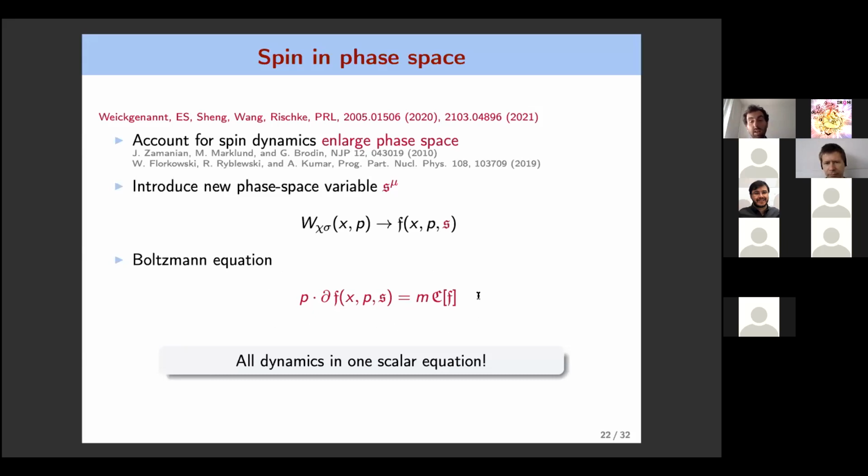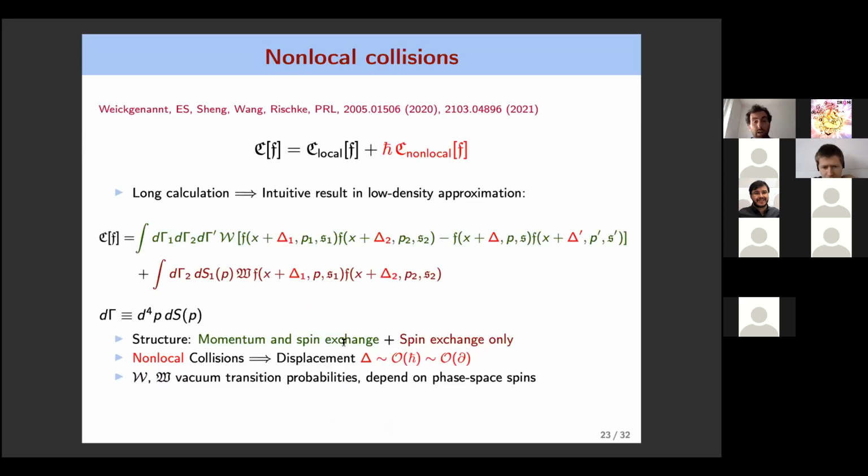So now we want to basically give an explicit form of this Boltzmann equation here. And so that's basically the task. I will not show any details of the calculation, just to say that the form of the collision term will be given by an intuitive form, in the sense that this curly W here is a term which includes the scattering amplitudes of the microscopic interaction, and this delta here will take into account the displacement, the non-locality.